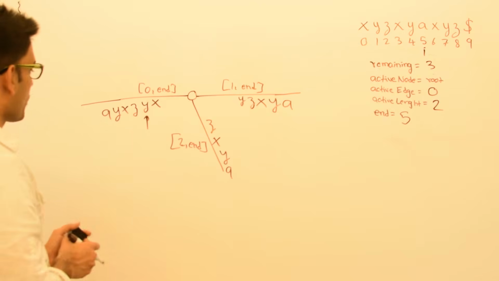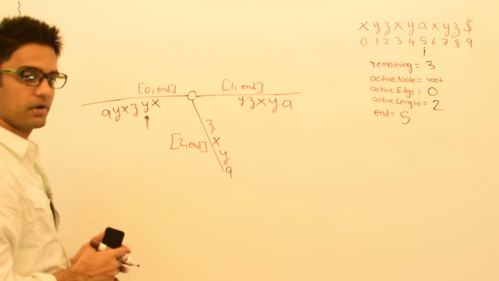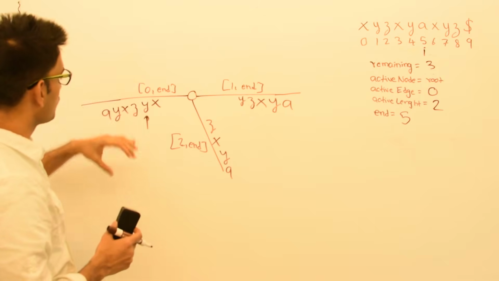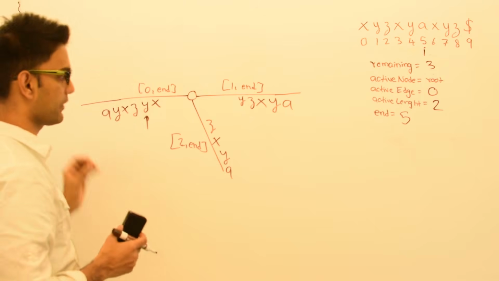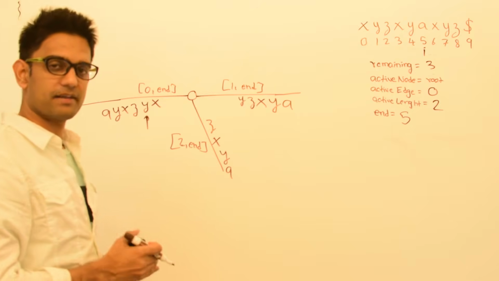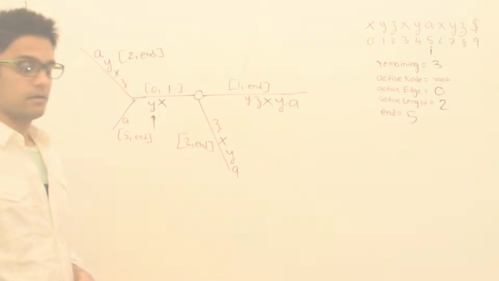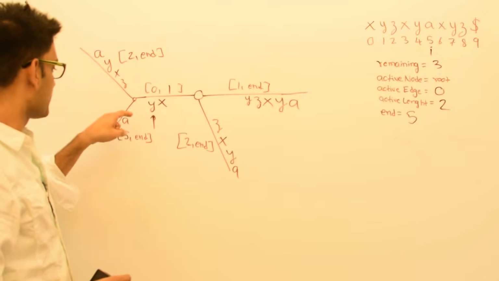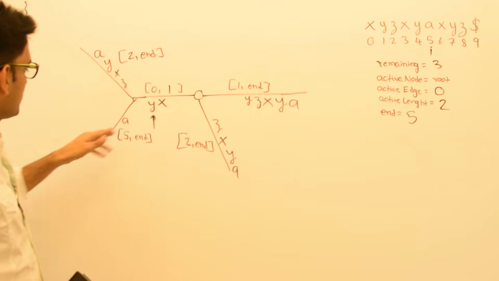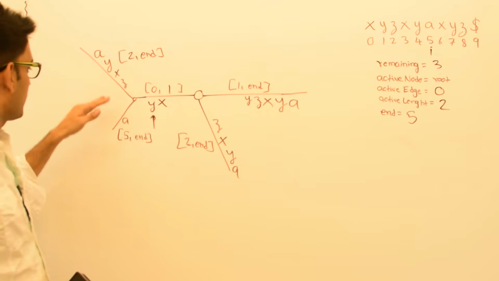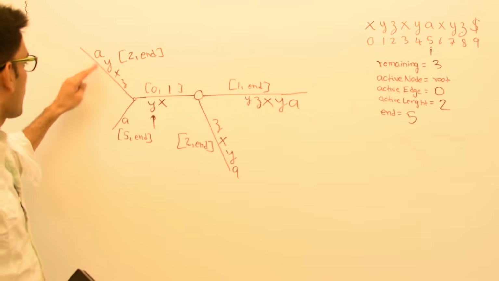So at this point, we'll have to create an internal node here, and that will have two children, one going in the direction of z, x, y, a, and another in the direction of a. So let me create that very quickly. So here I created a new internal node at this point, and this internal node has two edges. One is in the direction of a and another is in the direction of z, x, y, a.